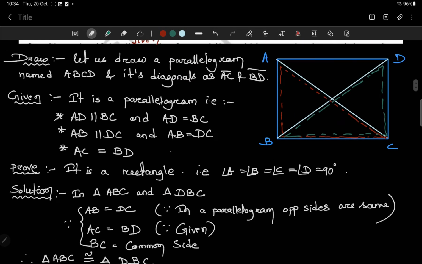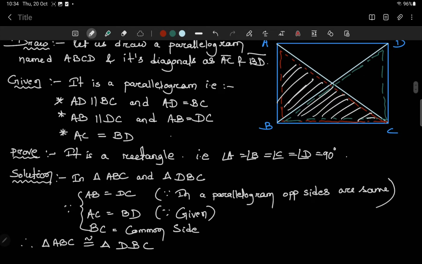If this triangle is congruent to that one, we can say that according to corresponding parts, they are equal. That means, can I say angle B equals angle C?